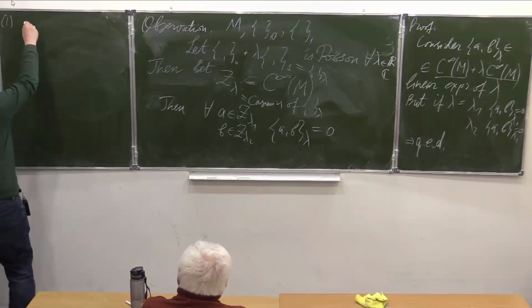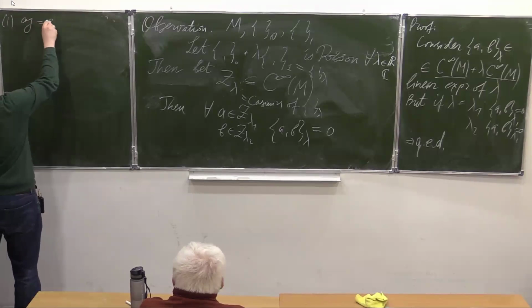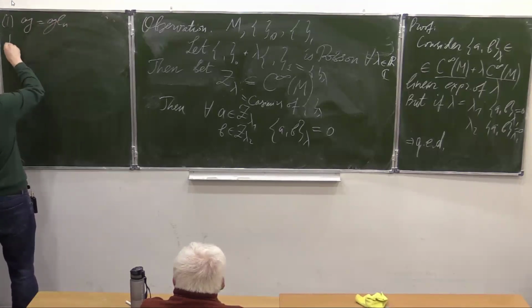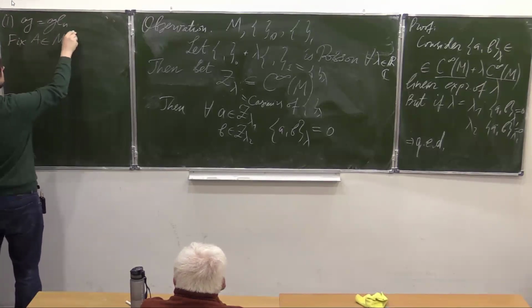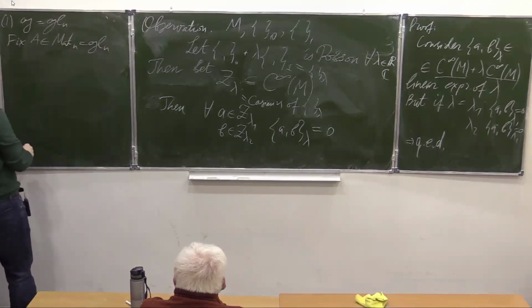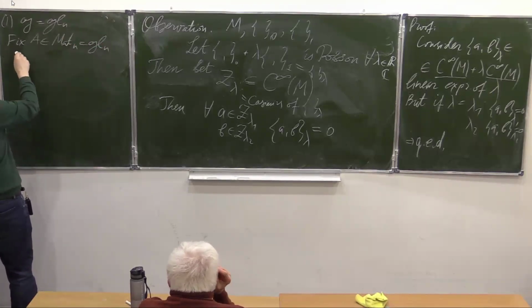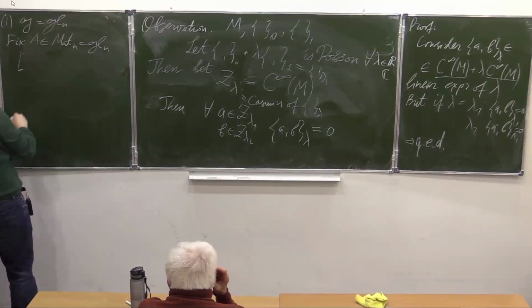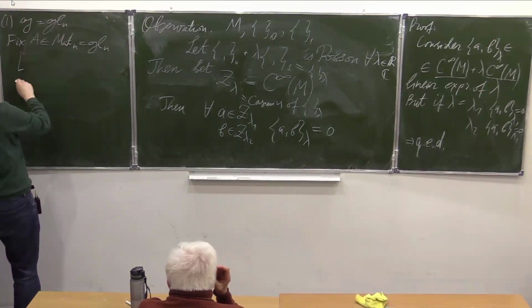So suppose you have G equal to GLN again. Choose a fixed matrix A and consider the following bracket on the space of matrices.